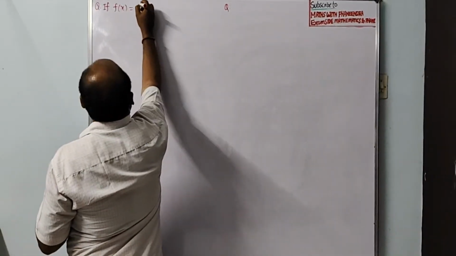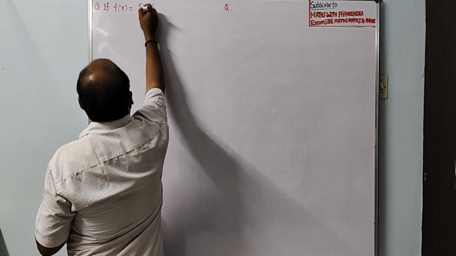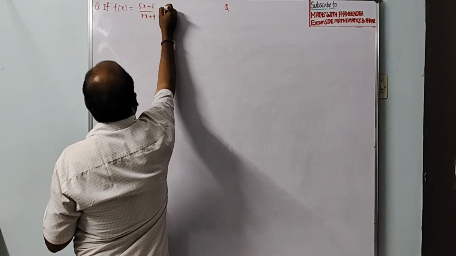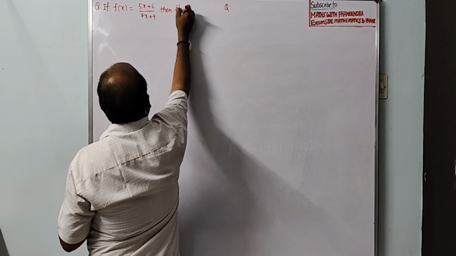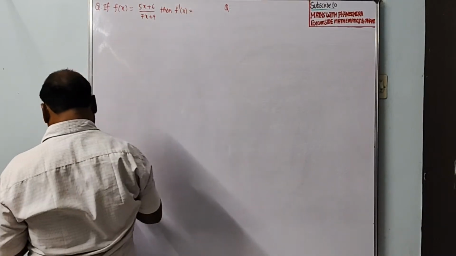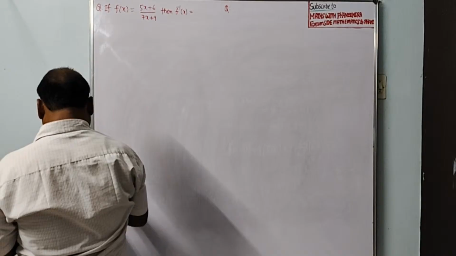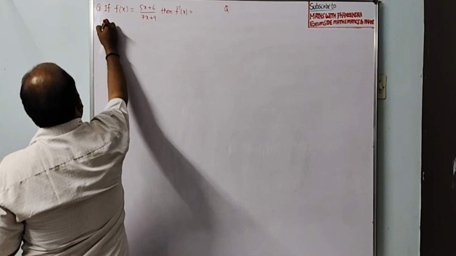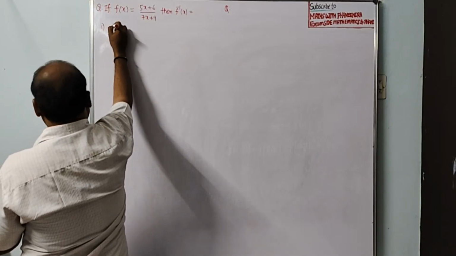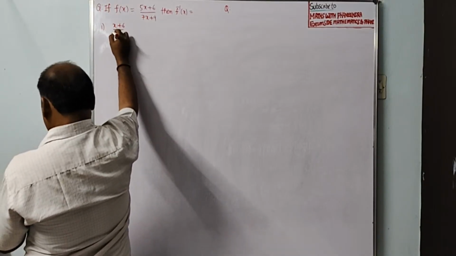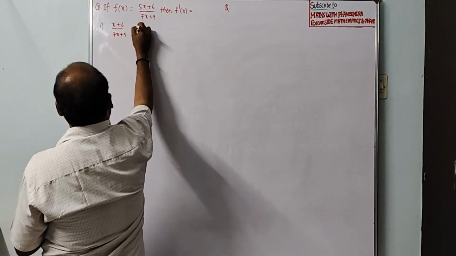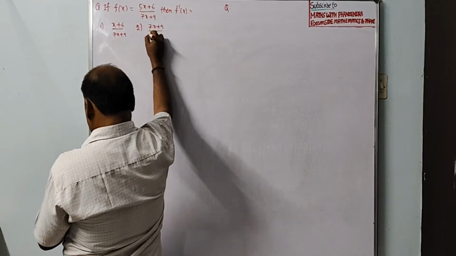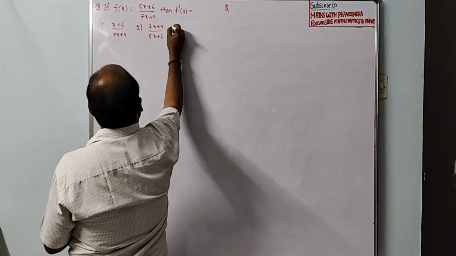If f of x equal to 5x plus 6 divided by 7x plus 9, then f inverse of x equal to? Option 1: x plus 6 divided by 7x plus 9. 7x plus 9 divided by 5x plus 6.